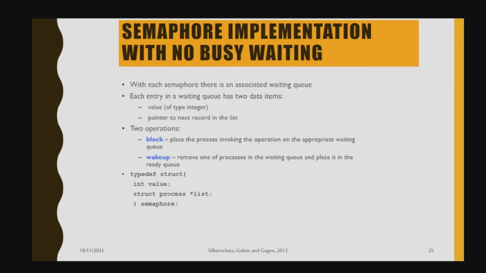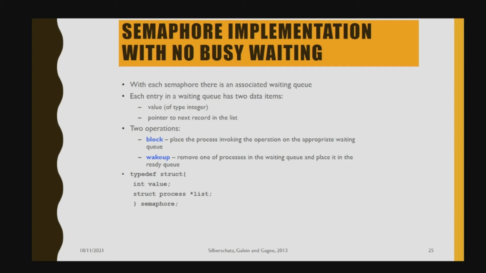We have two operations: block and wakeup. Block means we place the process invoking the operation on the appropriate waiting queue, and wakeup means we remove one of the processes in the waiting queue and place it in the ready queue. So after waiting we have ready, and after ready we can execute.